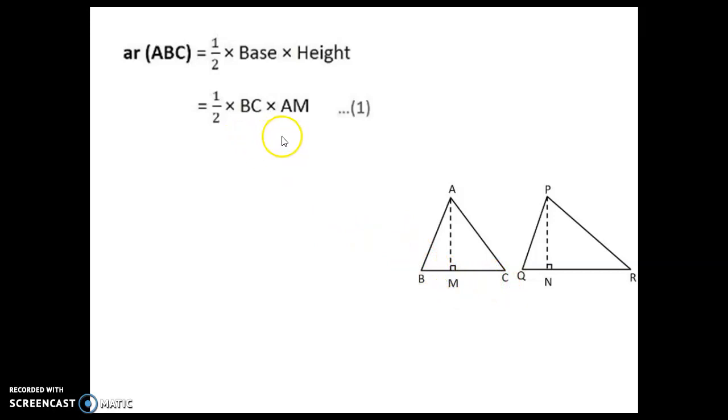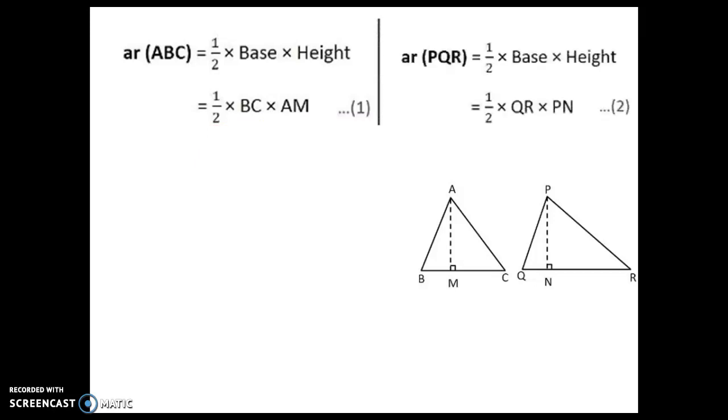So half into BC into AM is the area of triangle ABC. Then for triangle PQR, similarly, PN is the height and QR is the base, so half into QR into PN is the second area.